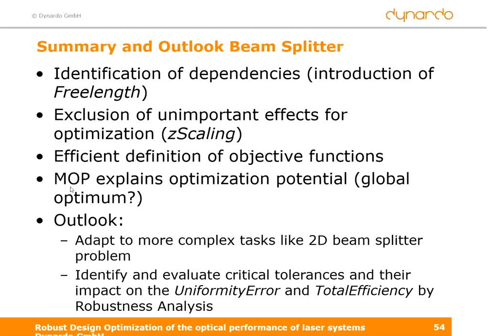And our meta model of optimal prognosis explains the optimization potential for the question if we really catch the global optimum. As an outlook, you might imagine that we can adapt this problem to more complex tasks, like a 2D beam splitter, and also to identify and evaluate the critical input tolerances to do a robustness analysis.